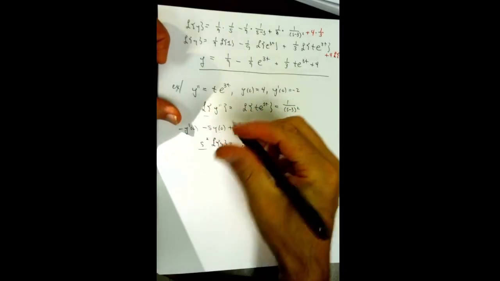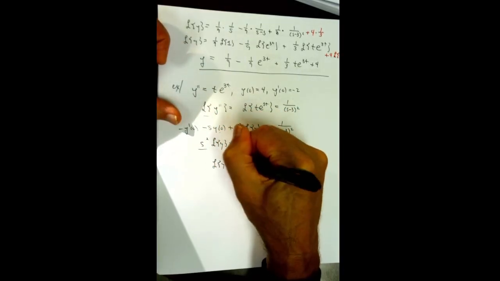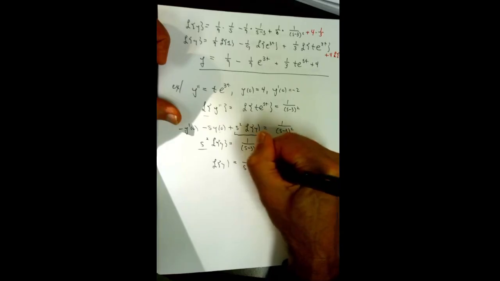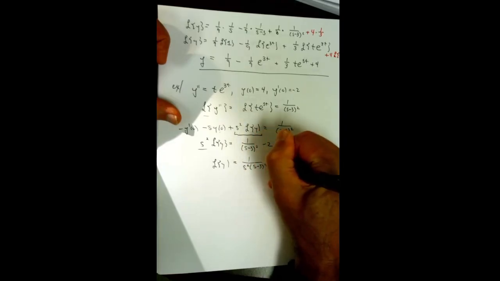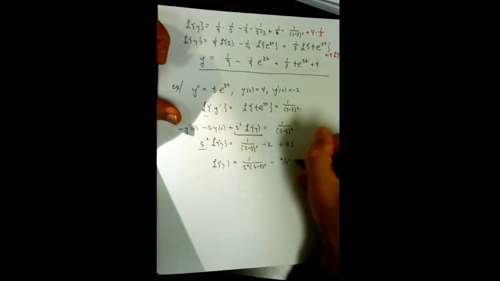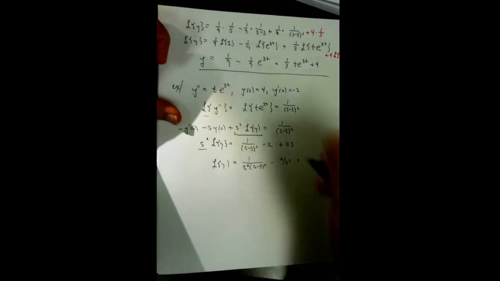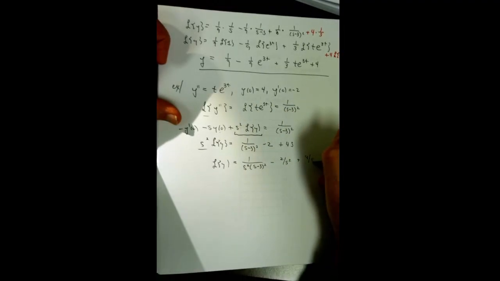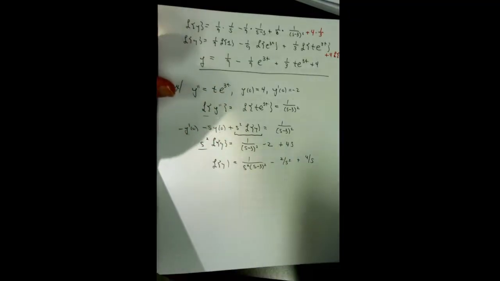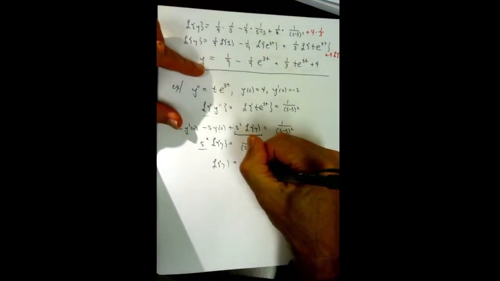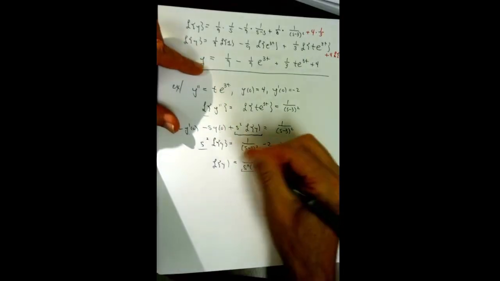Now I divide both sides by s squared. So this becomes minus 2 over s squared. 4s over s squared becomes 4 over s. And now I don't know how to deal with that. So I would use partial fractions.